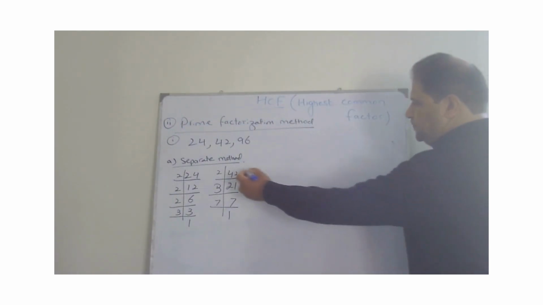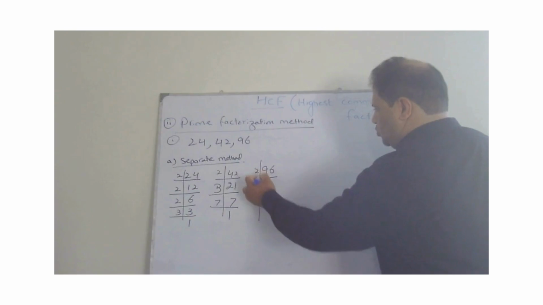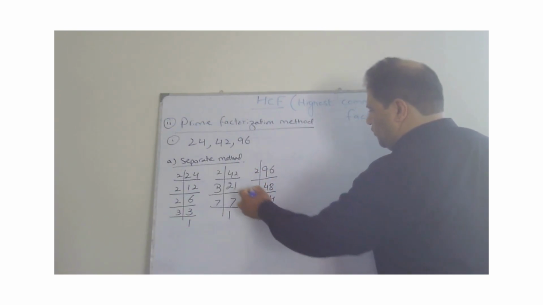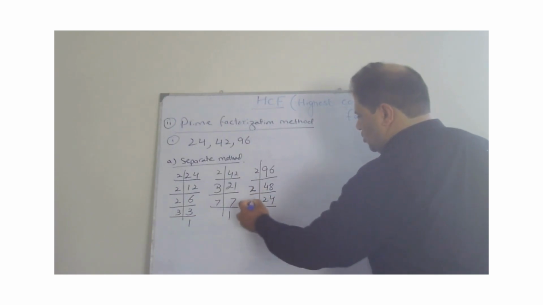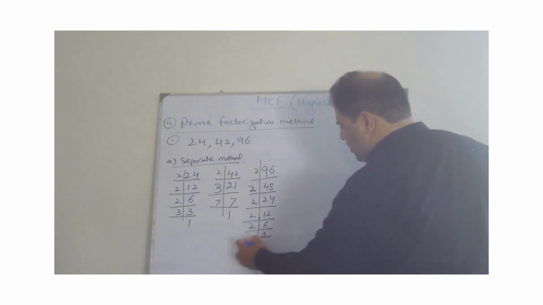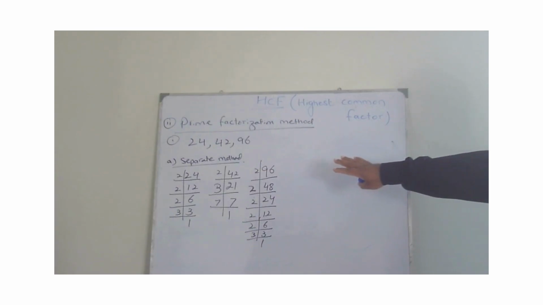In the last, 96: 2 times 48, 2 times 24, 2 times 12, 2 times 6, 2 times 3 and 3 times 1. This is the first method, the separate method.